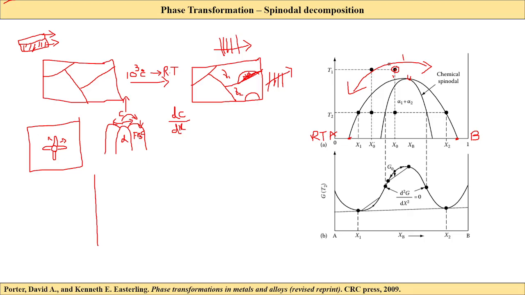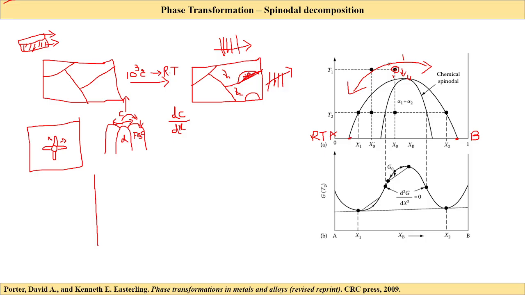Now, moving on, what I am trying to do is, what if I try to cool down, right? If I take an alloy of composition X naught, homogenize at high temperature T1, and then quench it to a lower temperature T2, right? I use an oil bath, not water quenching, which would bring it to room temperature.